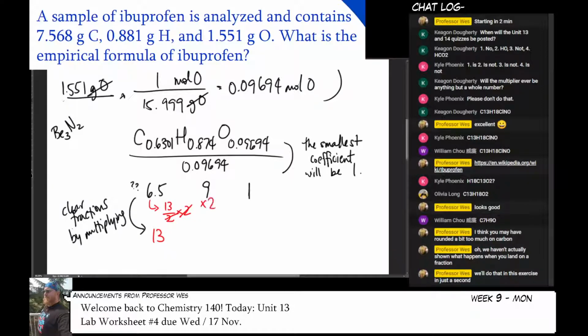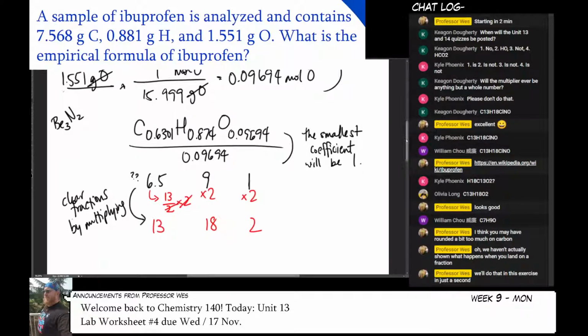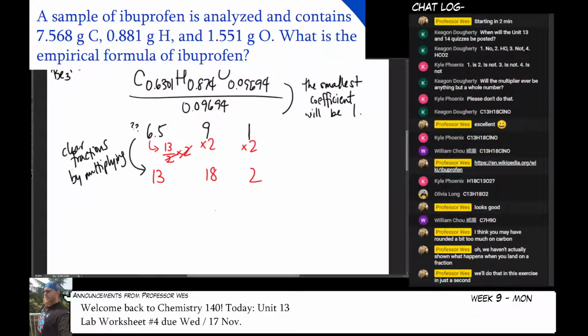And then I'd have to times everything else by 2 to clear the fractions. And the result that I would get is an empirical formula, and it turns out is the actual formula.